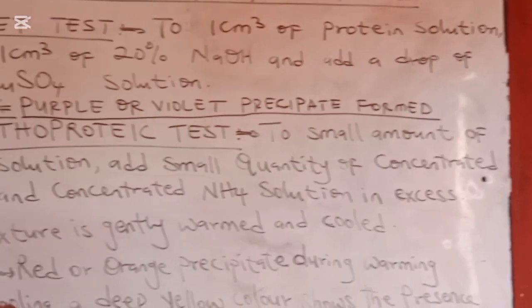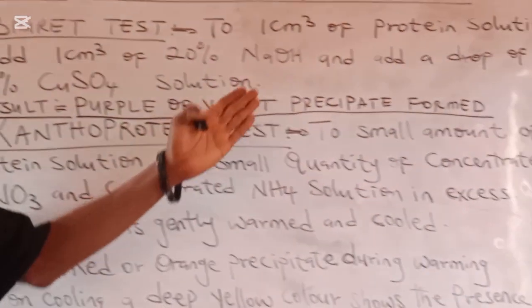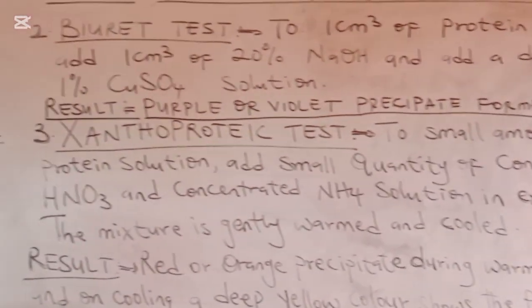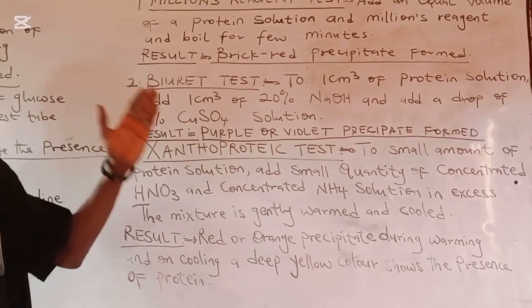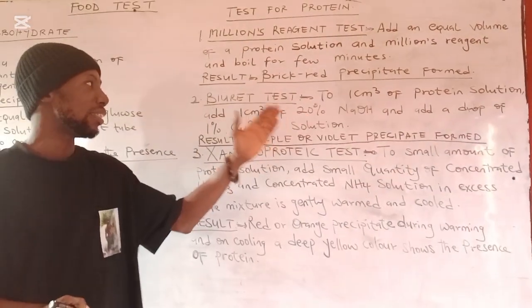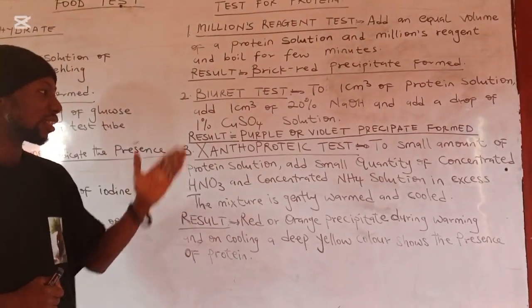The result here is a purple or violet color formed, and that indicates the presence of protein using the biuret test.